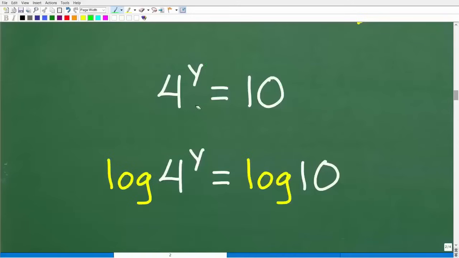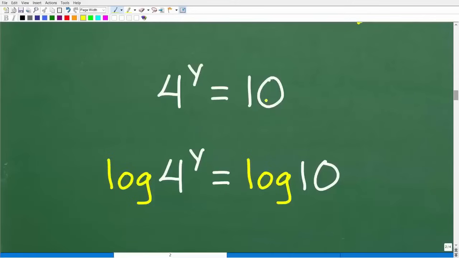If it's not in that form, for example, 4^y + 7 = 11, I'm not ready yet to take the log of both sides. I would have to clean this up and subtract 7 from both sides. There are a lot of additional steps you can take, but let's suppose we have a power equal to a number.